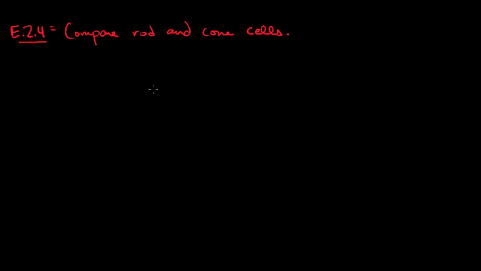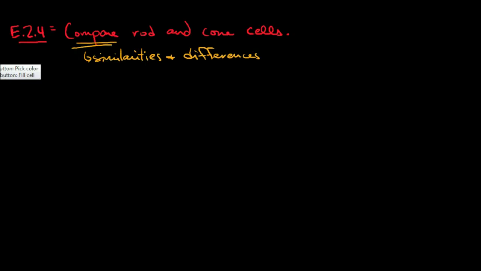So, again, it says compare. So, you should know that this is asking you for similarities and differences between rods and cone cells. So, let's make sure we answer this question in an easy enough way that will help us make sense of that, and to convey that we understand the difference.